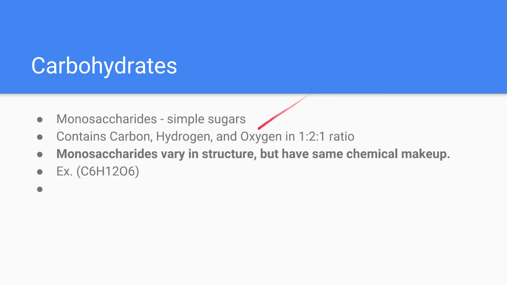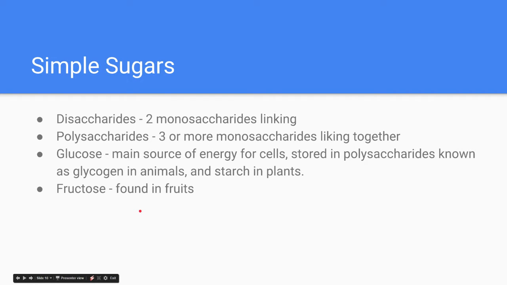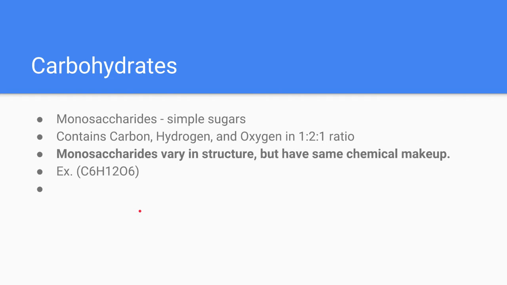Let's say we have C1H2O1, and then times 3, we will have 3 carbon, 6 hydrogen, and 3 oxygen, so the same 1 to 2 to 1 ratio.